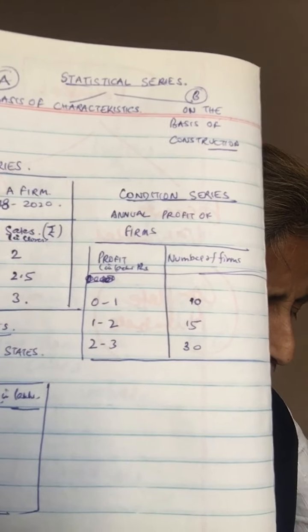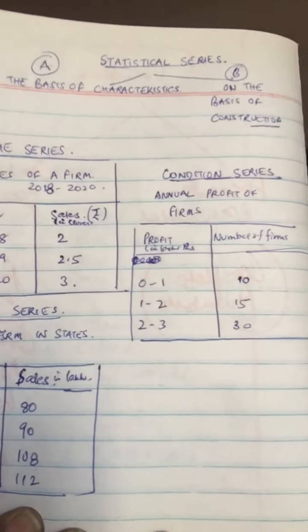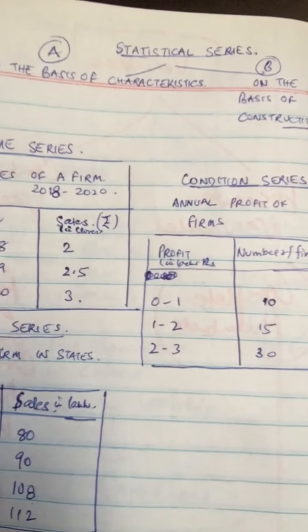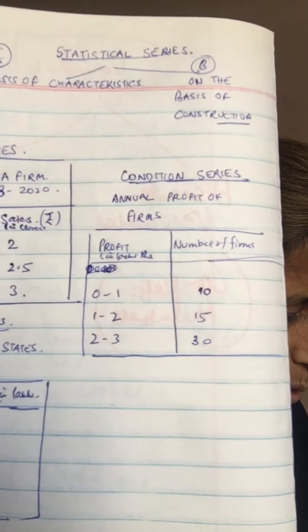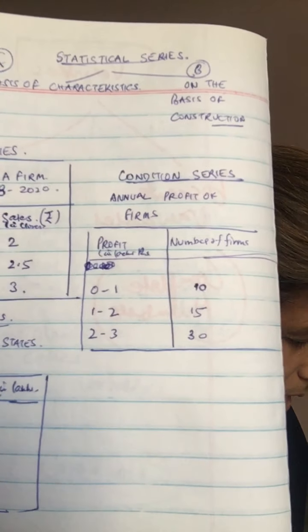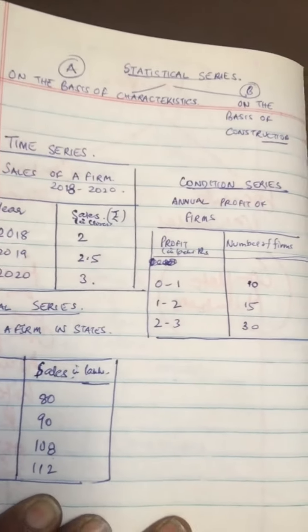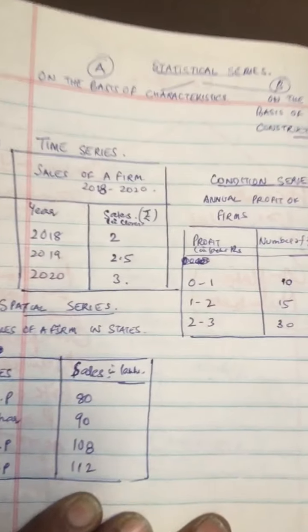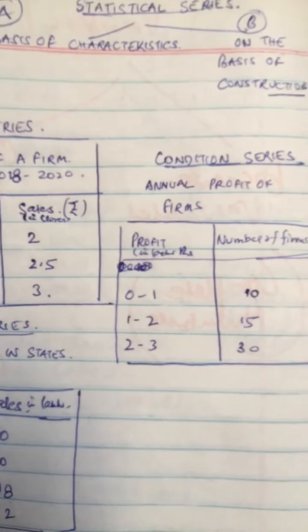There are two types of statistical series. One is on the basis of characteristics, and the other is on the basis of construction. On the basis of construction, you have the individual series, discrete series, and continuous series.